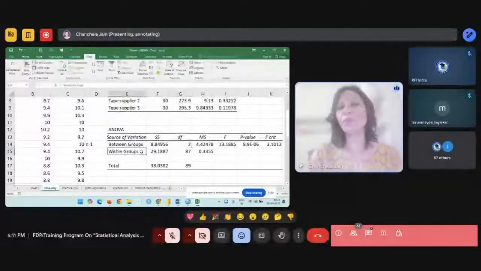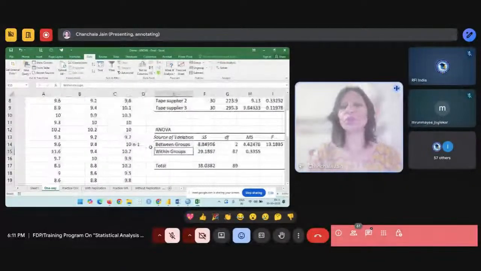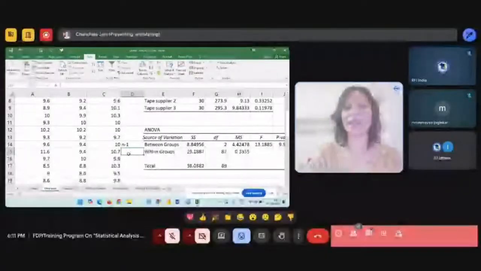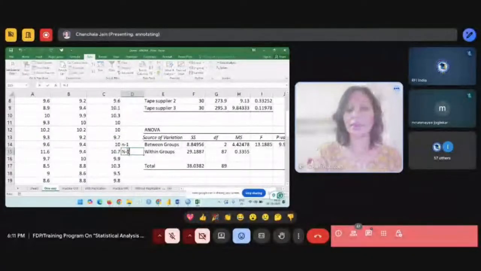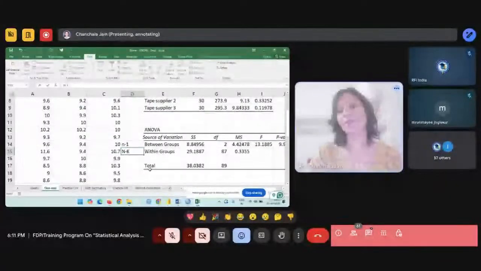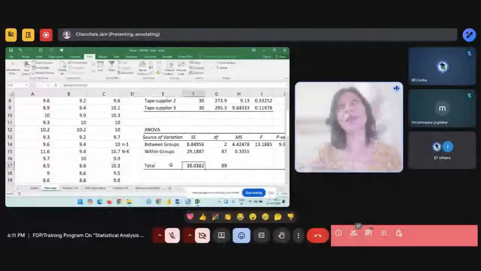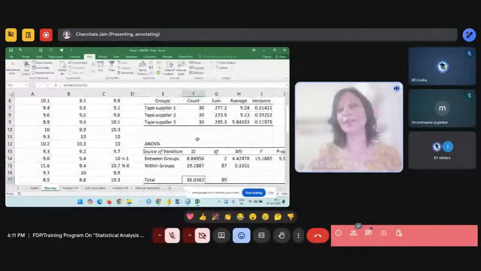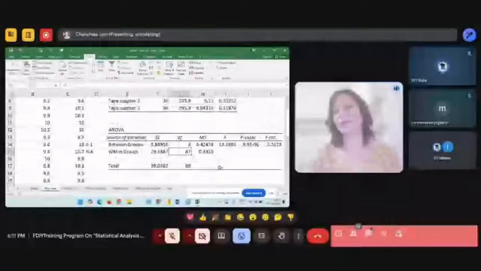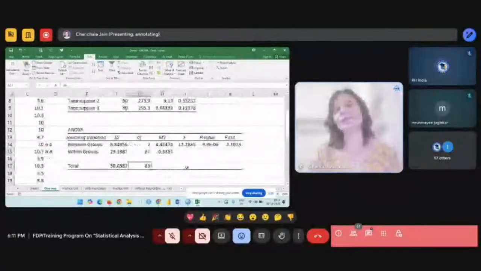Within group is the total number of observations, that is N, minus the number of groups, that is k. I have 3 groups, so it is N minus k. Total observations are 30, 30, 30, that is 90. 90 minus 3 is 87. The sum of 2 plus 87 is 89.